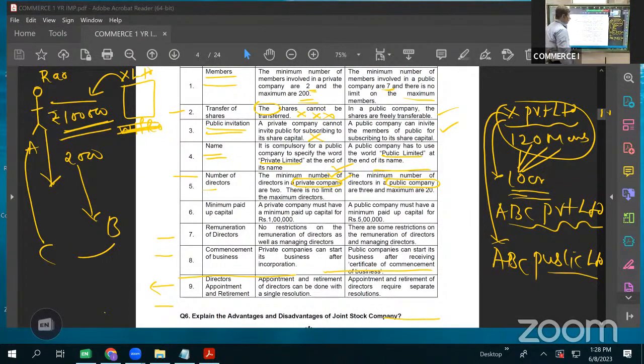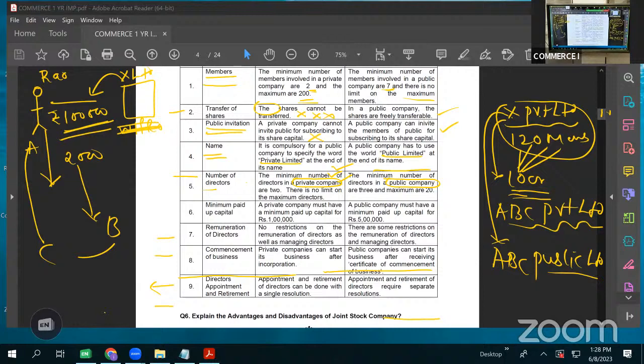So if it is a private company, the minimum number of directors is 2, and the maximum can be any number. They can have any number of directors in a private limited company, but in a public limited company, the minimum is 3 directors and the maximum is 20 only. I repeat, in a private limited company, the minimum directors are 2 and the maximum is unlimited.